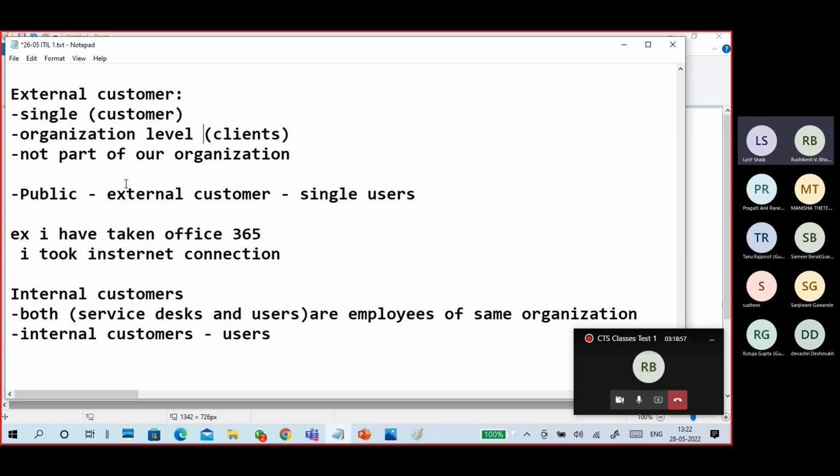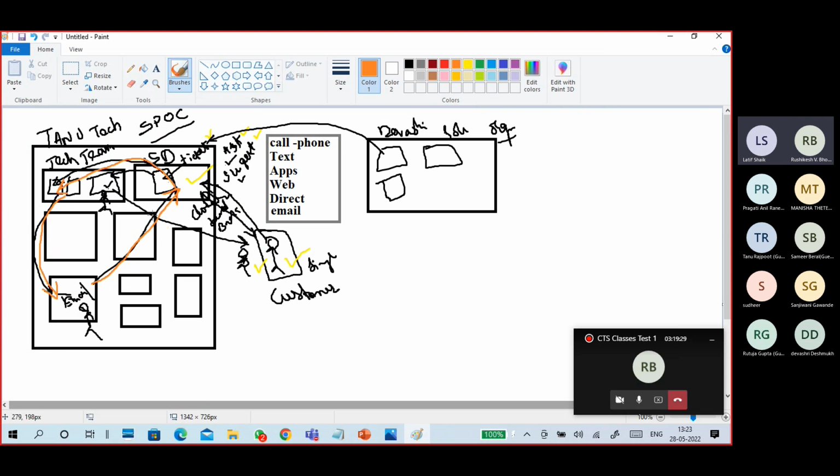A single means no organization part; it's simply a person who took the service. It's a public external customer, also called customer care center. When we call a customer a client, generally it's organizational level, meaning another company. There are so many other things also, but this is about how a service desk will interact with customers, users, or any client.